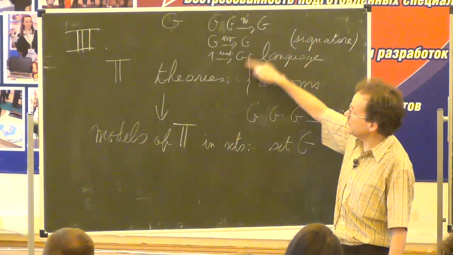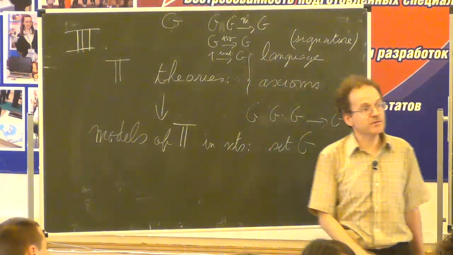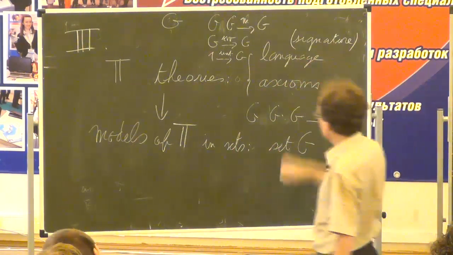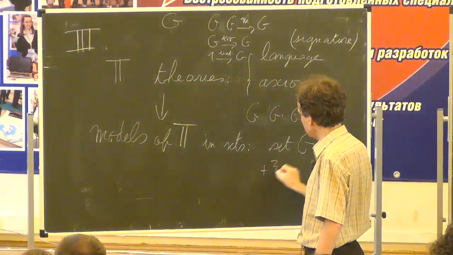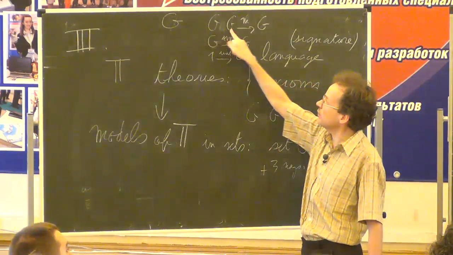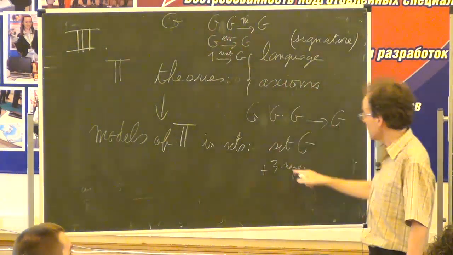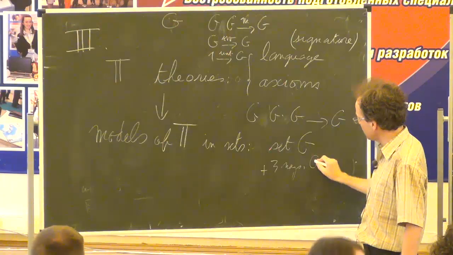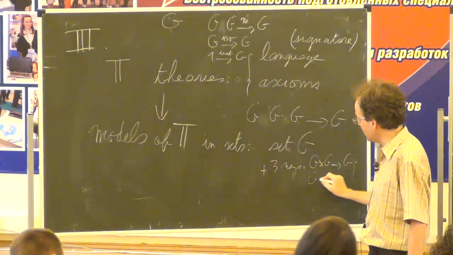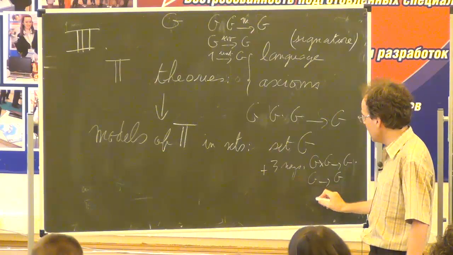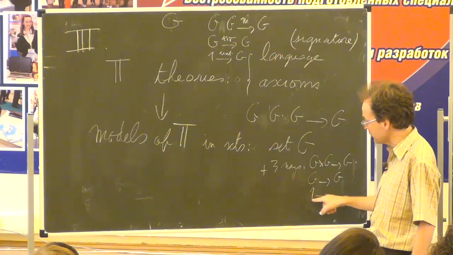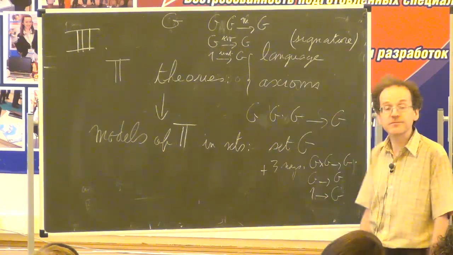Then the other words will become names of maps. There are 3 maps. Because I have written G 2 times, the first map becomes a map from G×G to G. The second map becomes a map from G to G. And the last map becomes a map from the final object to G.